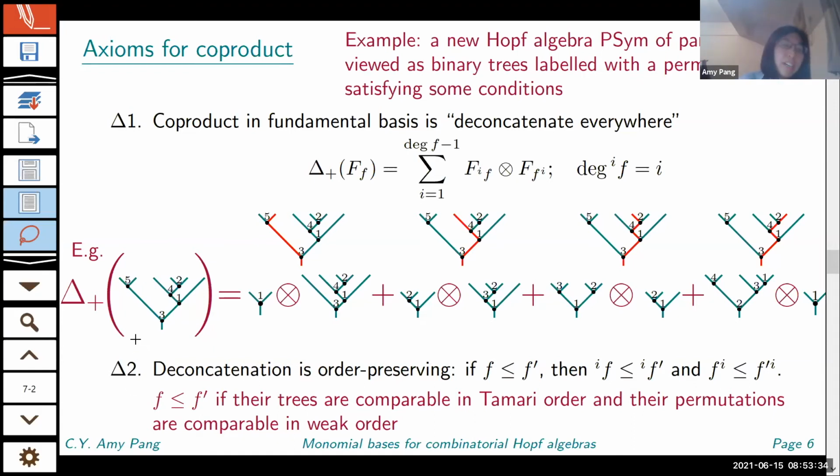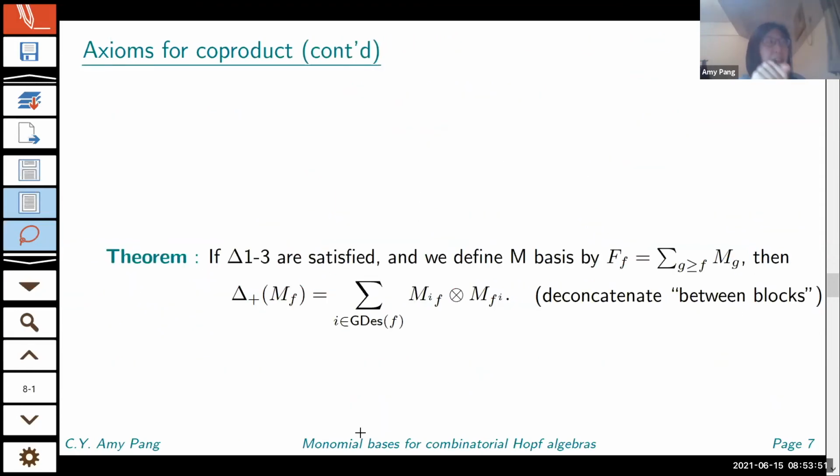The order on the parking trees, again, I don't want to go into detail on this, but it's some combination of Tamari and weak order. It's very nice. There's one more axiom, and before I show you that one, let me show you the theorem so you can understand why we need the third one.